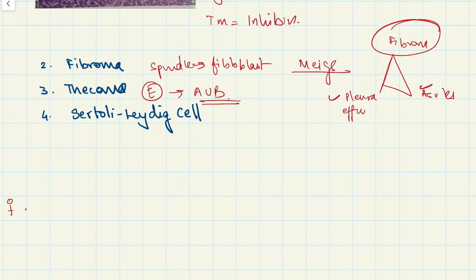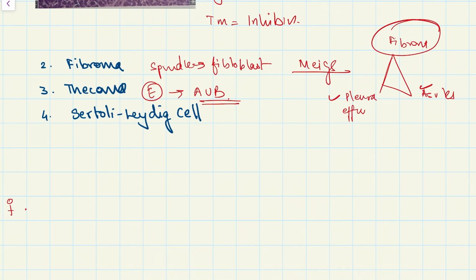Next is Sertoli Leydig cell tumor, again a benign tumor. It is very small and appears grey to yellow brown in gross. It resembles testicular histology with tubules and cords lined by pink Sertoli cells, right?